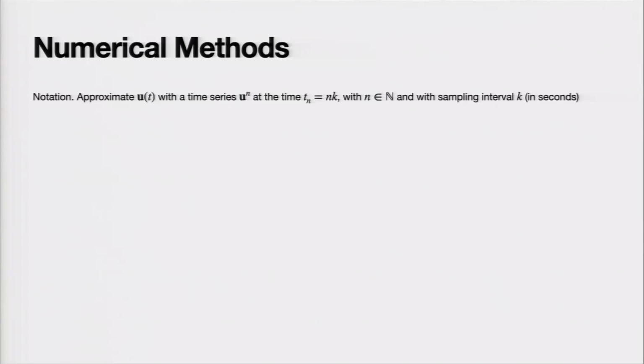So n is an index, a natural number, a positive integer. And the notation U^n means that we are evaluating the solution at the time t_n, which is equal to n times k, where k is your sampling period that is also defined as the inverse of the sample rate, okay? So that's just notation.